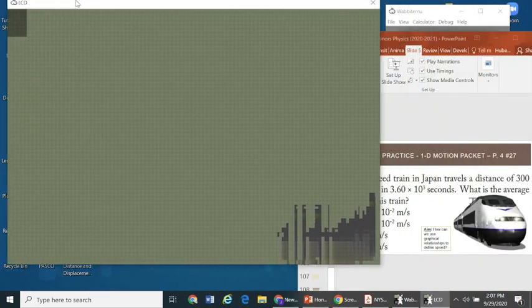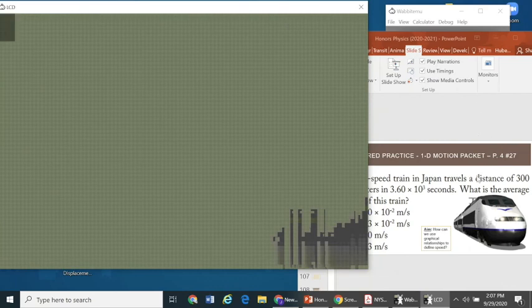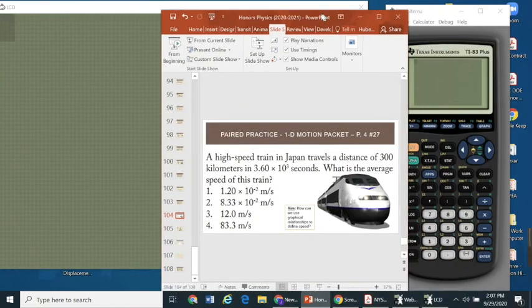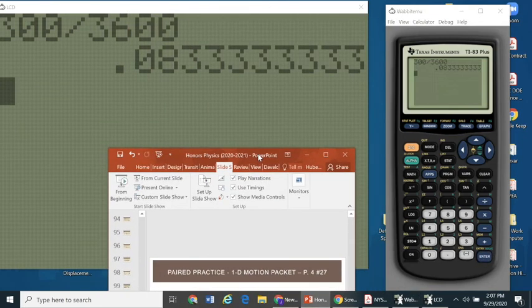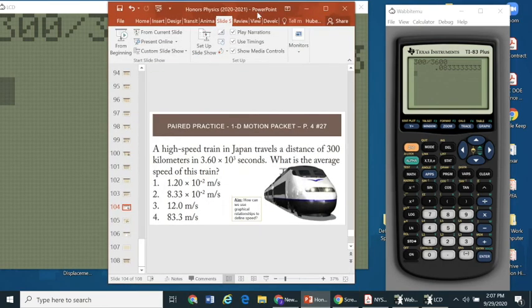And look at what happens when you forget to convert the distance. So remember, we had 300 kilometers. So if you just took 300 and didn't pay attention to the unit, and you divided it by the time, which is 3,600, you would get 0.0833, which is 8.33 times 10 to the negative 2. They gotcha. They really want to keep you on your toes.